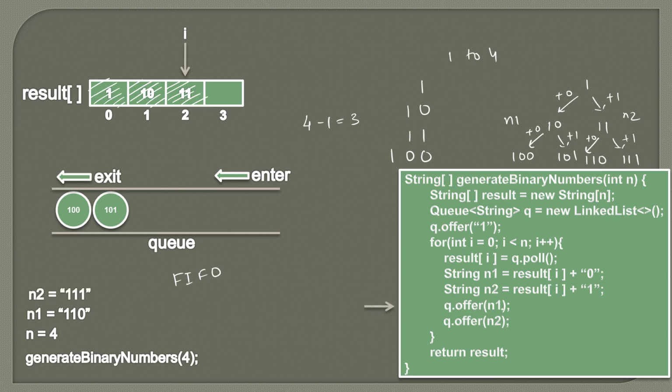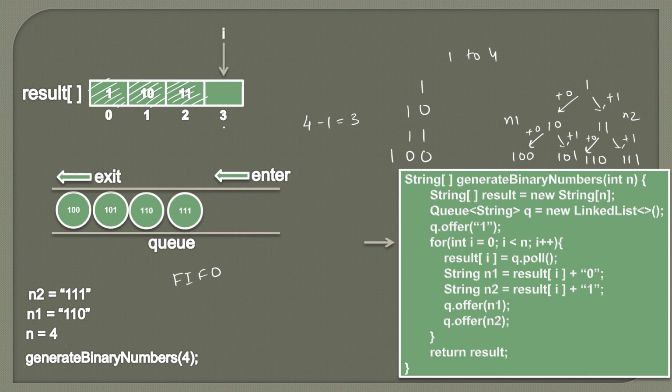Then we will offer both the elements into the queue. First 1 1 0 will go, and then 1 1 1 will go. We have filled this position, so we will increment i.